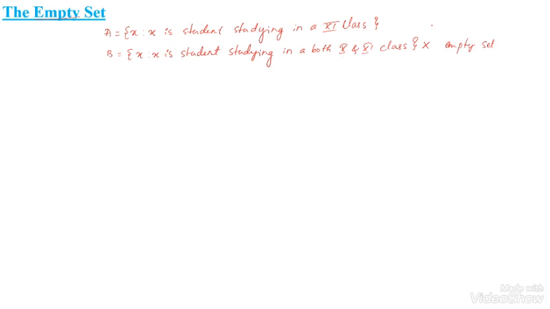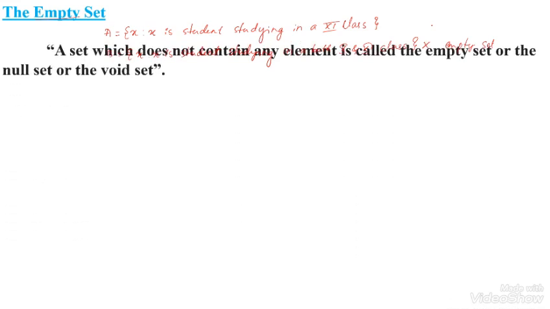Now, we have to define the definition here. A set which does not contain any element is called the empty set, or it can be called a null set, or another word is a void set.